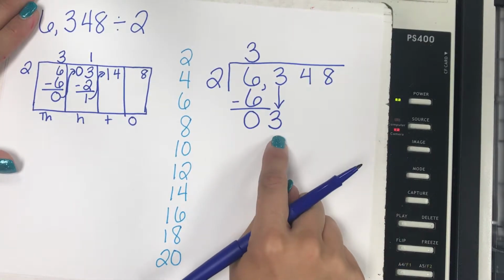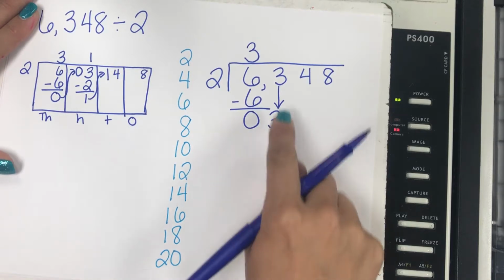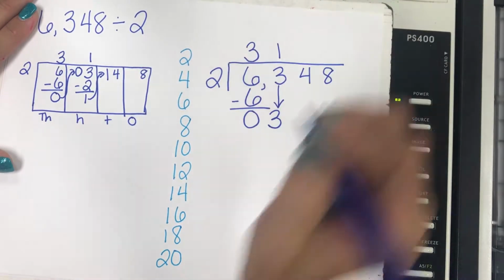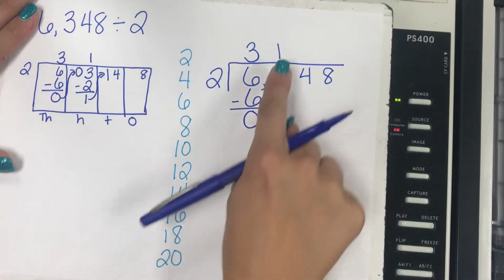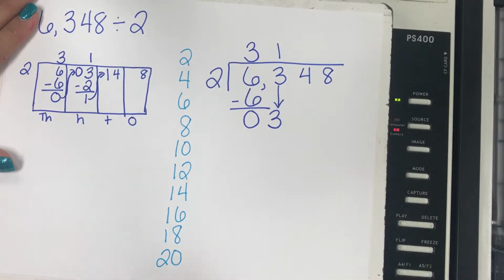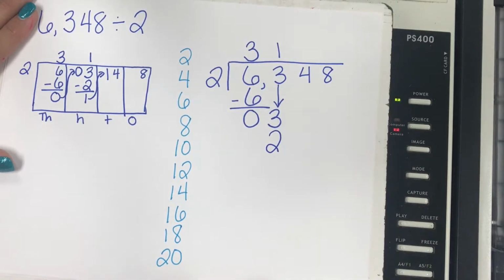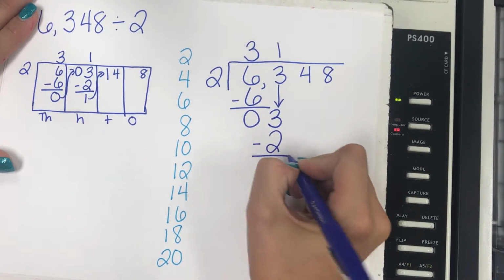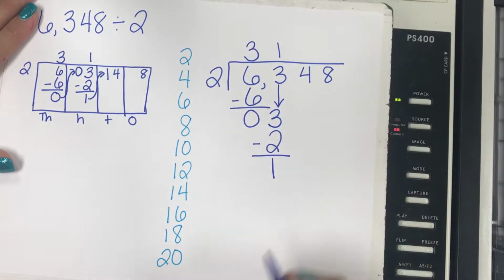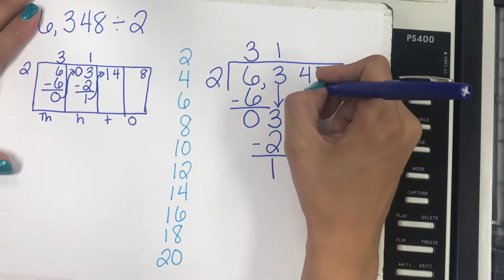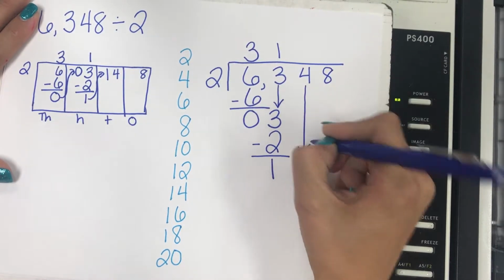If I have 3, how many can I put in each of those 2 groups? I can put 1 in each group. If I have 1 in each of those groups, how many did I use? 2. So how many do I have left over? 1. And again, instead of bringing my 1 over to my 4, I bring my 4 down.